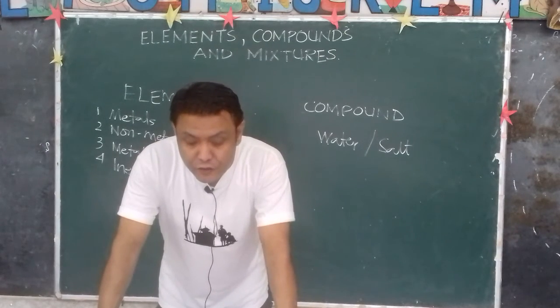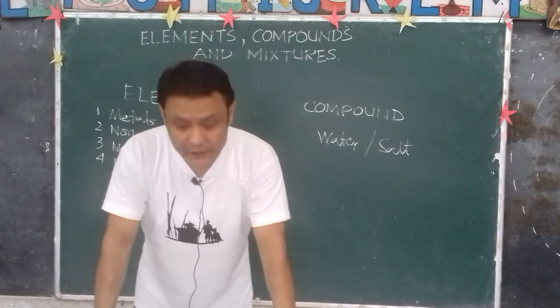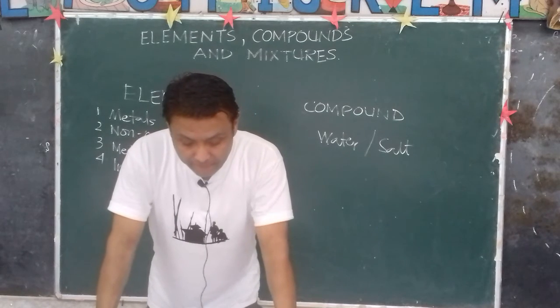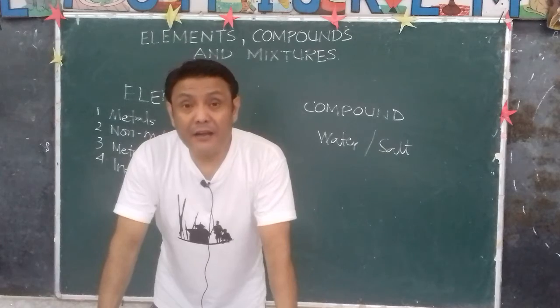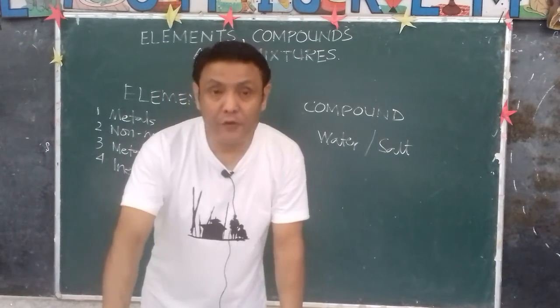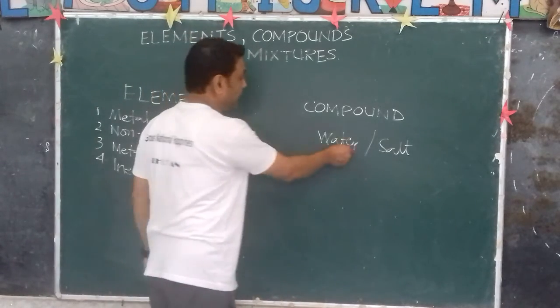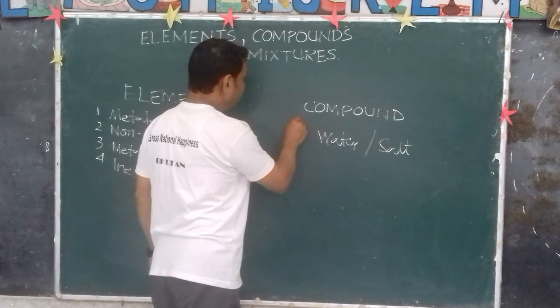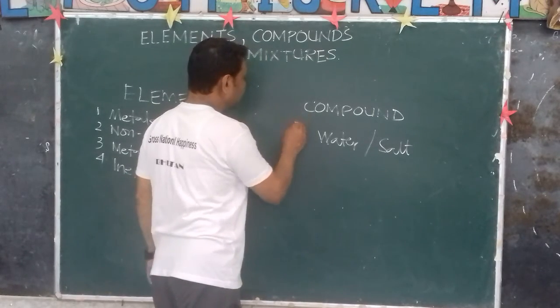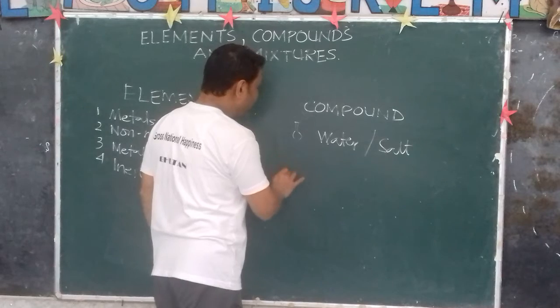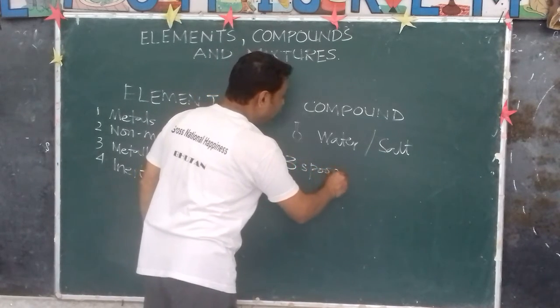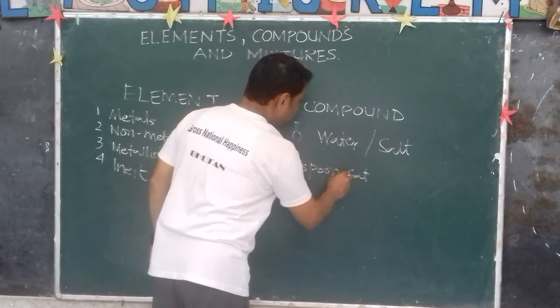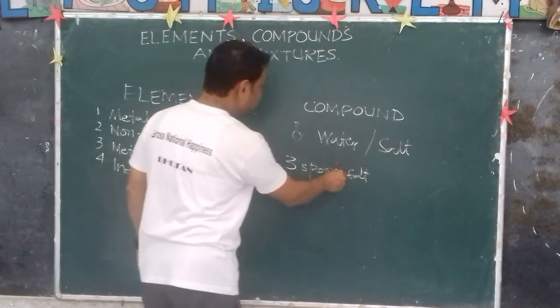A mixture does not have fixed melting or boiling points. For example, if in a cup of water you put 1 tablespoonful of salt, again we have a mixture. And in another you put 2 or maybe 3 spoons of salt.